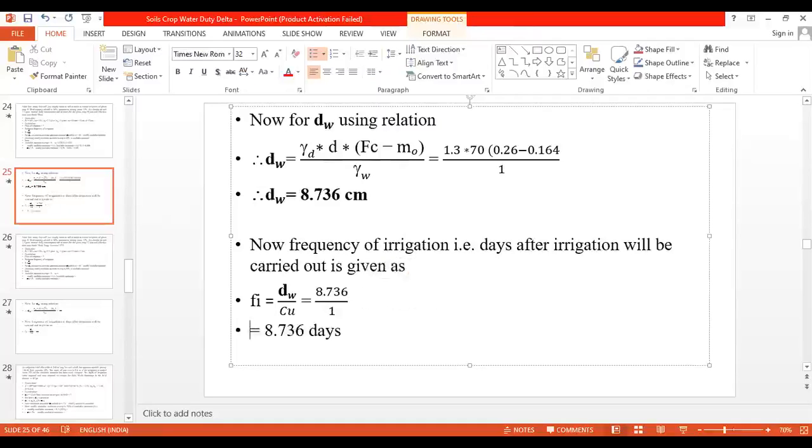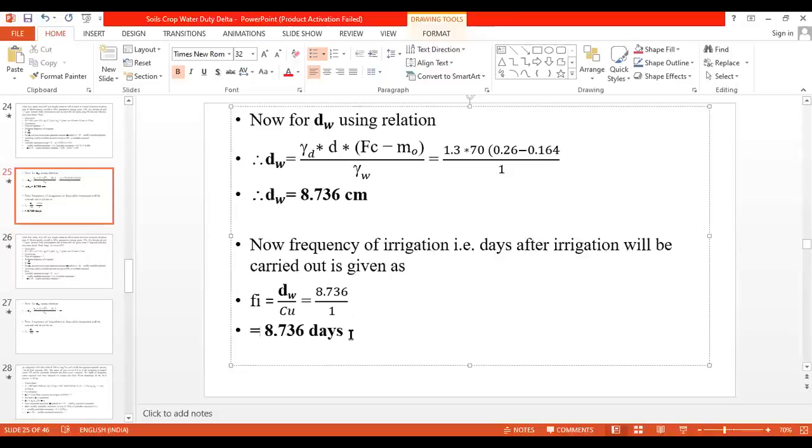Now the answer is 8.736 days. It means after how many days you will go for irrigation. If exactly, then we will say after 8.736, and if we round down to 8, then we will go for irrigation after 8 days only, without waiting up to the m0, the optimum moisture. That means the moisture content will be above m0 and we will have an irrigation.